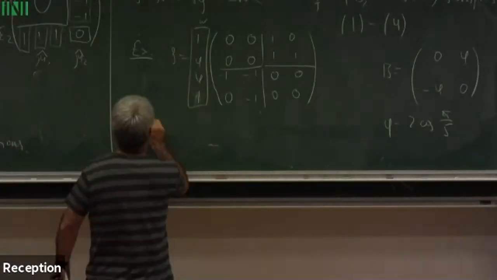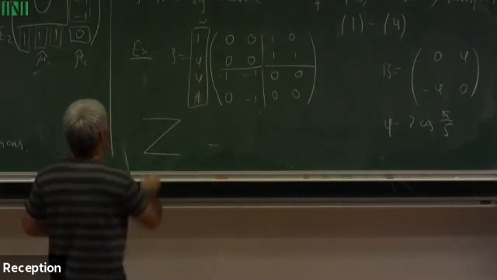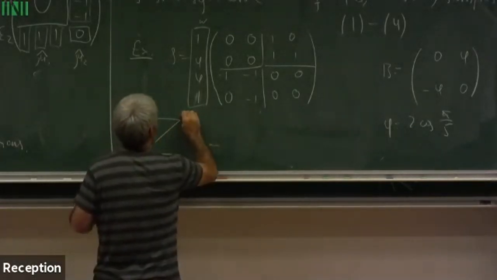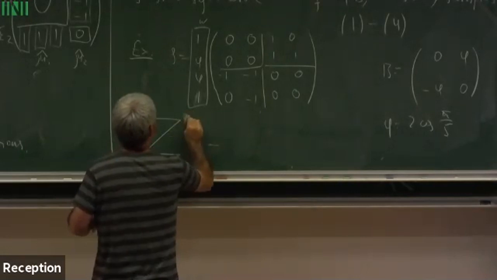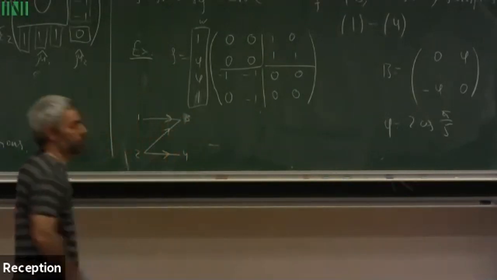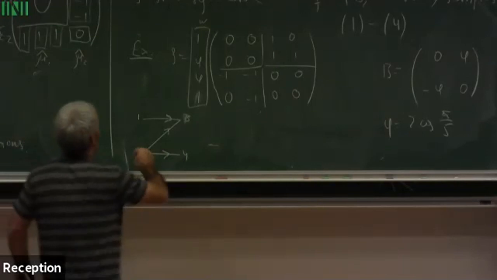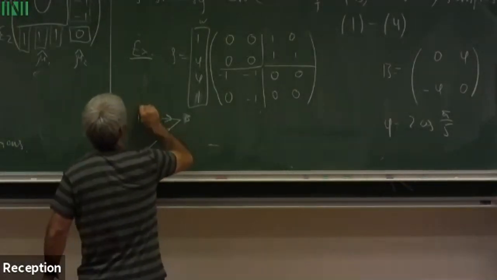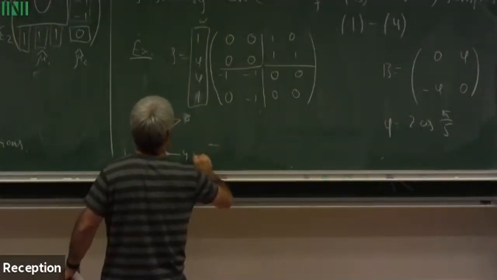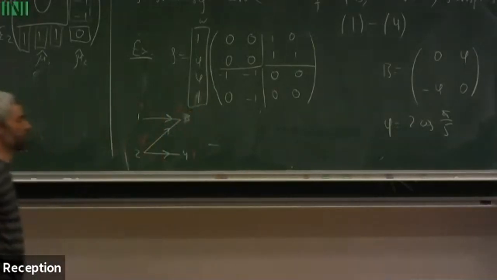As you can see, so this is 1, 2, weight 1 here, weight 1 here, weight phi here, and weight phi here.